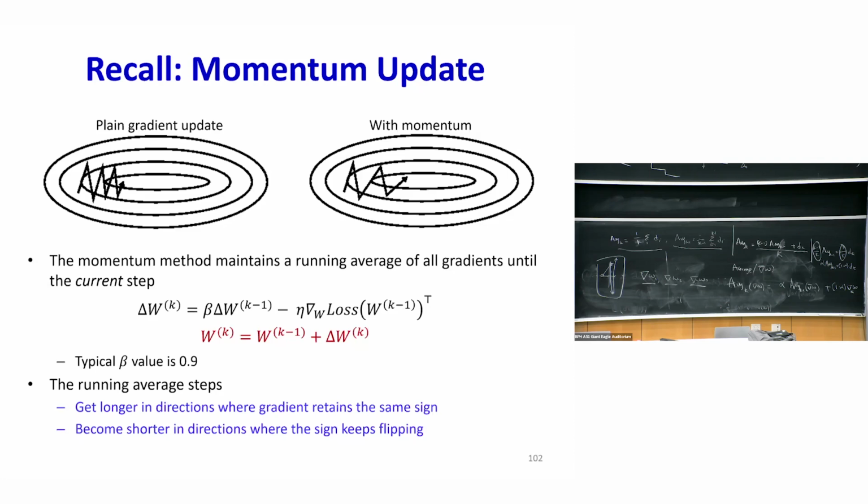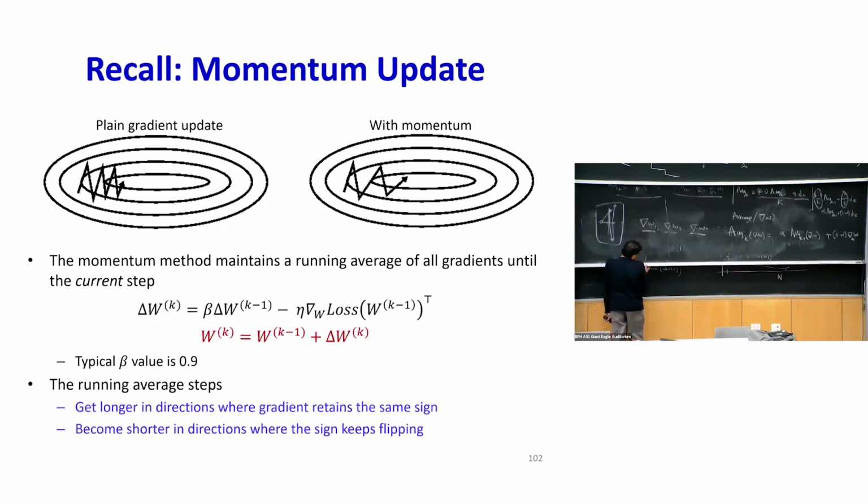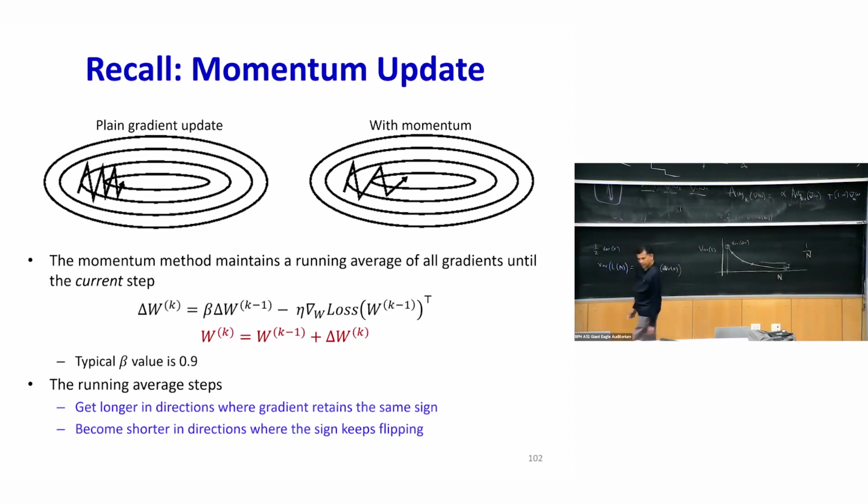And so a different way of thinking about it is, what is the step we took at any time? The step we took at any time was proportional to the running average of the gradients until that time.